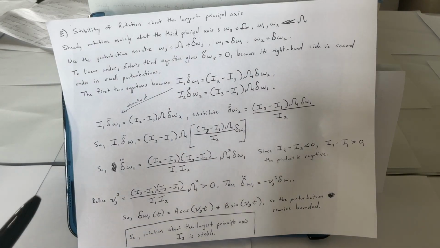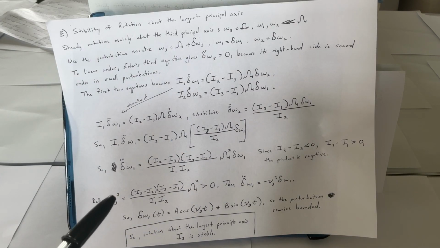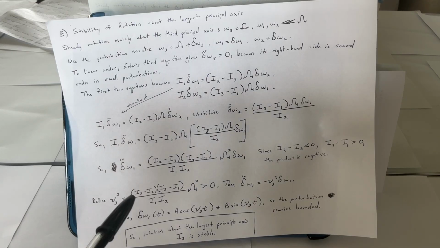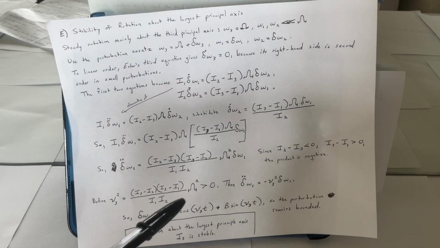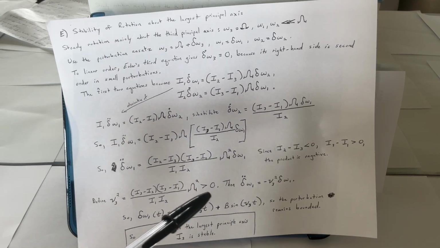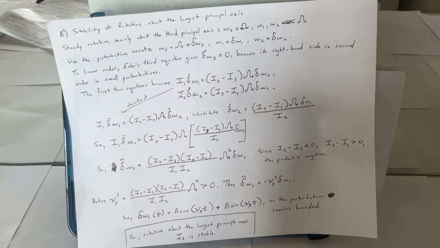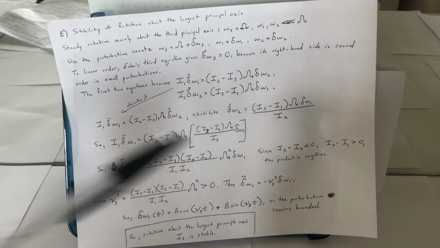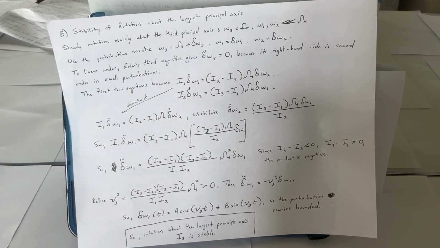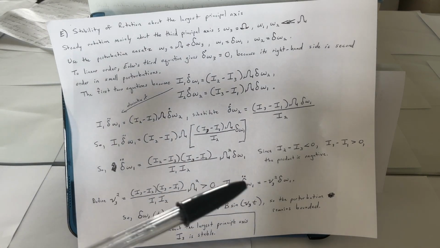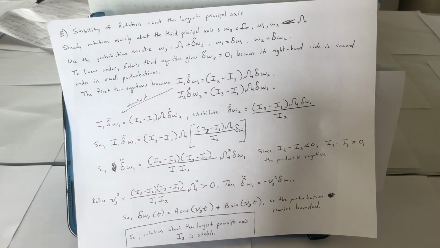So if we define here our nu sub 3 squared, that is going to be this. It is greater than 0. This quantity here is greater than 0. Then delta double dot omega sub 1 is equal to negative nu sub 3 squared delta omega sub 1.